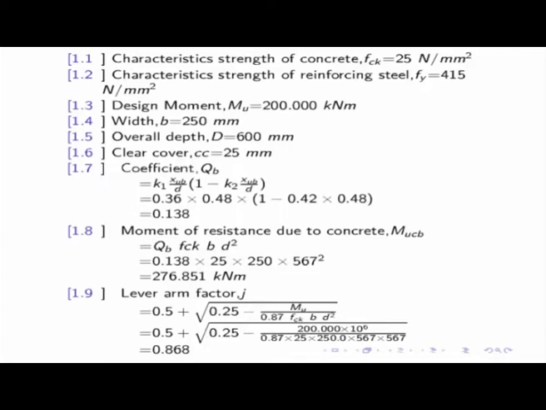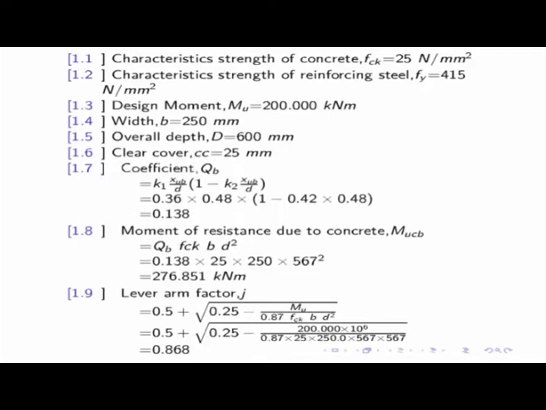Now the next one: how much area of steel do I have to provide? That is the next question. Here I have found the lever arm factor J, using this very useful formula: 0.5 plus root over 0.25 minus Mu by 0.87 fck b d square.